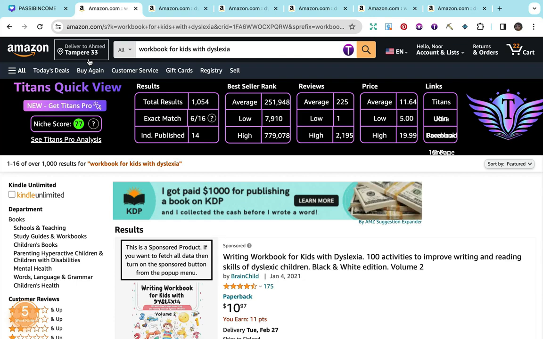If you're not familiar with that at all, please do your research. Don't just do any sort of book and label it wrongly, because that really does ruin your reputation as an Amazon seller, and it may also be harmful and quite misleading for the children and for the parents or caregivers that are purchasing these workbooks and activities for children with dyslexia.